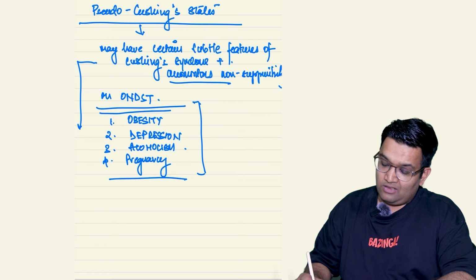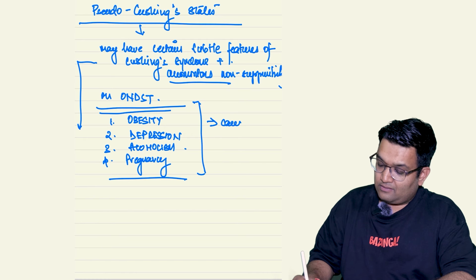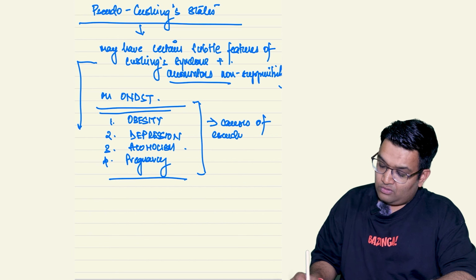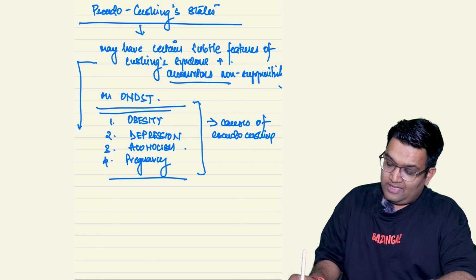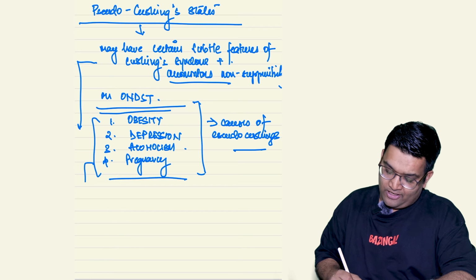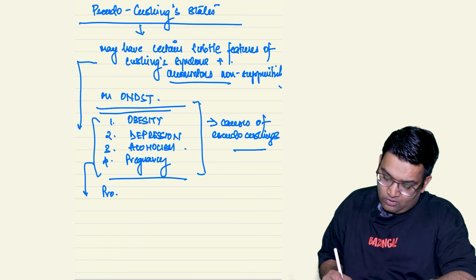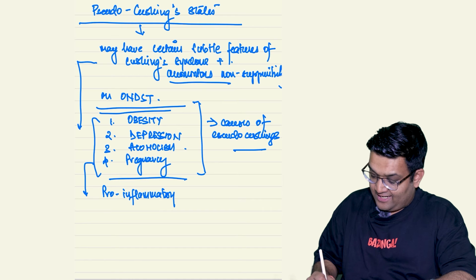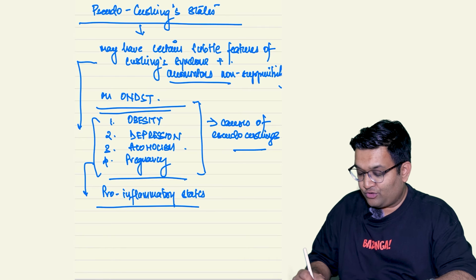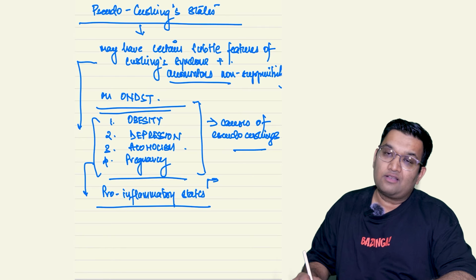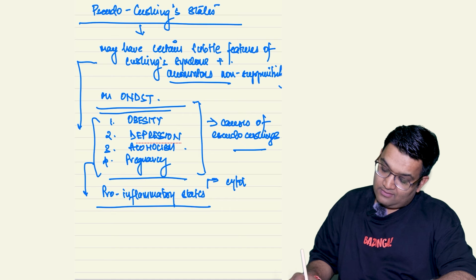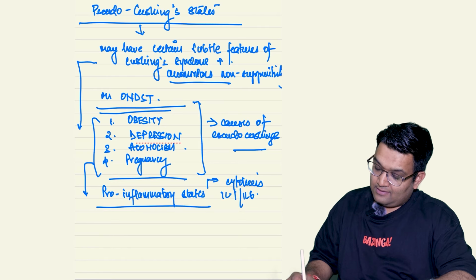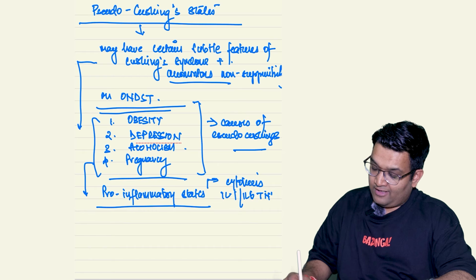So these are the causes of pseudo Cushing's. And why this occurs here is because they are pro-inflammatory states producing pro-inflammatory cytokines such as IL-1, IL-6 and TNF-alpha.